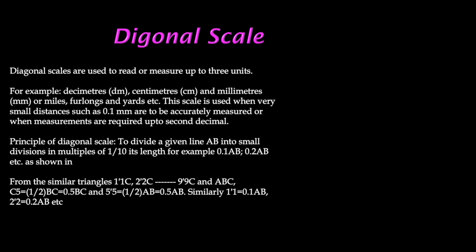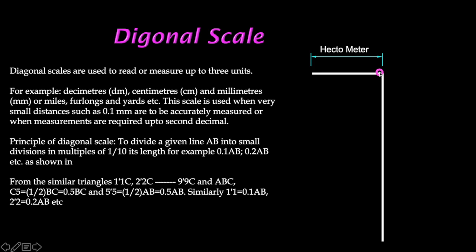The very basic concept to construct the diagonal scale is what I am going to discuss. Let's consider a line. The length of this particular line is 1 hectometer. Now, if we divide this line vertically into 10 equal divisions, we get 1/10 of a hectometer. It's fine.